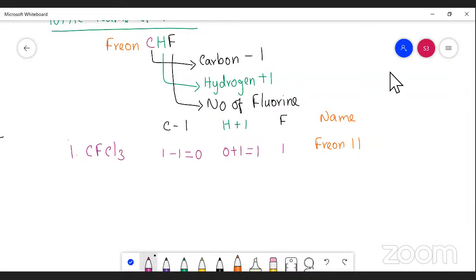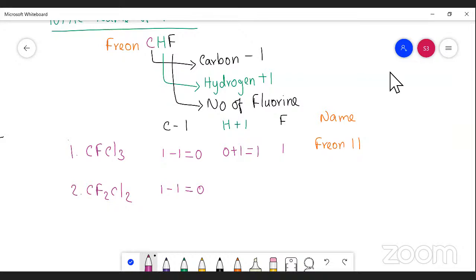Okay. Now we take the second compound. What is it? It is CF2Cl2. Now, number of carbon, what is it? It is 1 carbon. So 1 minus 1 is 0.